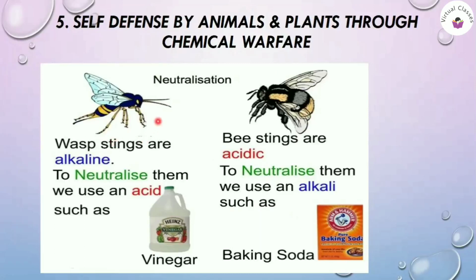Similarly, wasp stings are alkaline, so to neutralize them, we use an acid such as vinegar, which is a mild acid. Applying this vinegar on the wasp stings and baking soda to the bee sting neutralizes the acidic or basic effect of the sting and hence gives us relief.